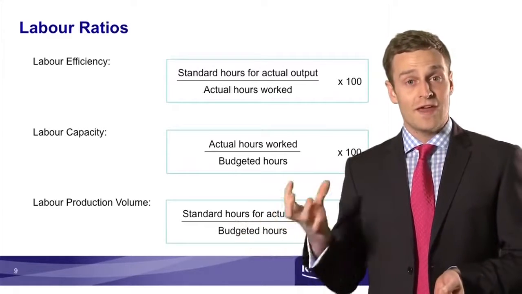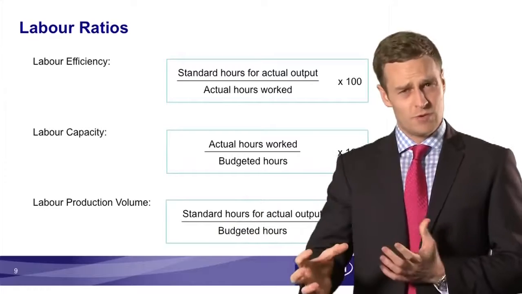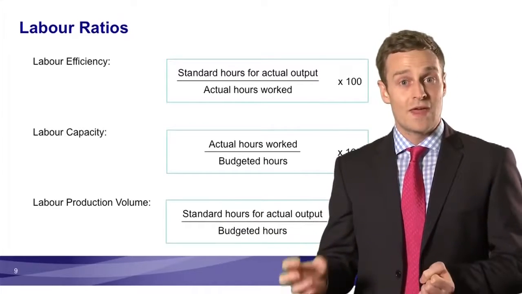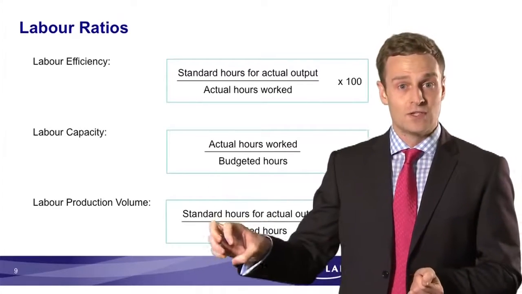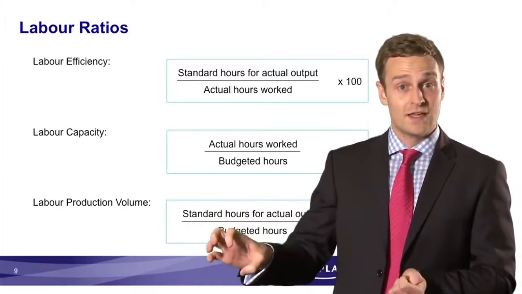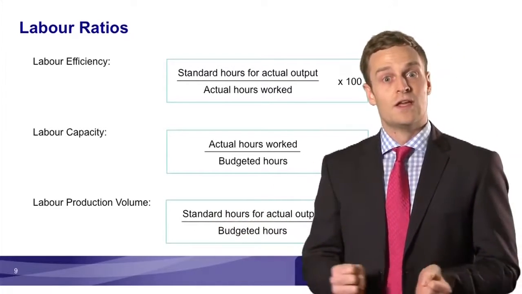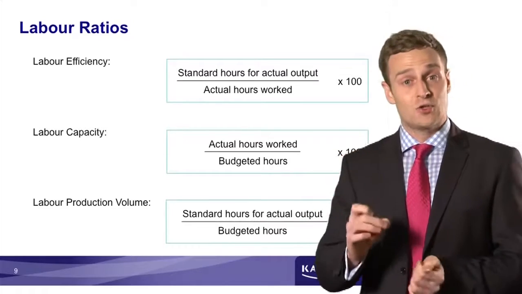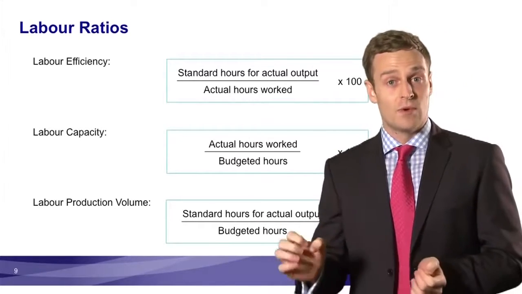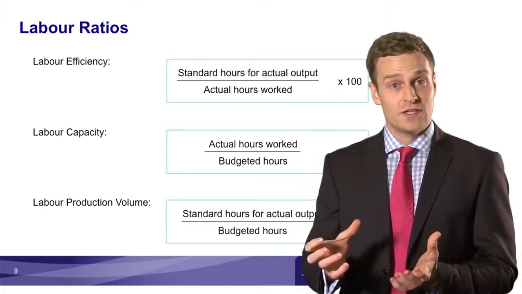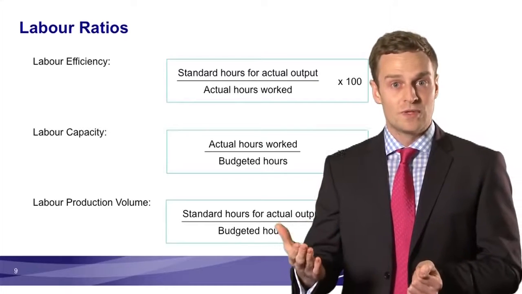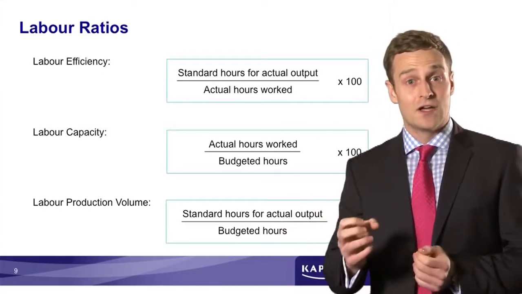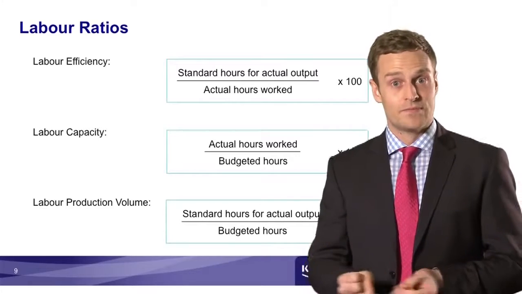So if they've produced 1,000 items and we predict it should take 2 hours per item, that is going to be 2,000 standard hours. So how many hours we expect them to take to produce the output they actually have. We then divide that by the actual hours they have worked and then times it by 100. So if they've been efficient, that number will be above 100% because they've taken less time than we had anticipated.